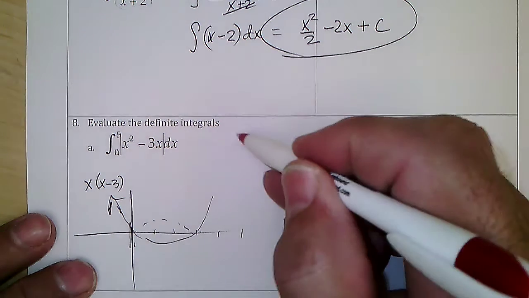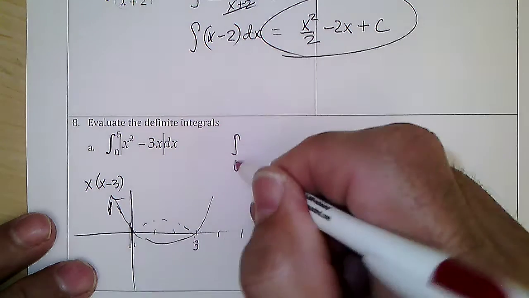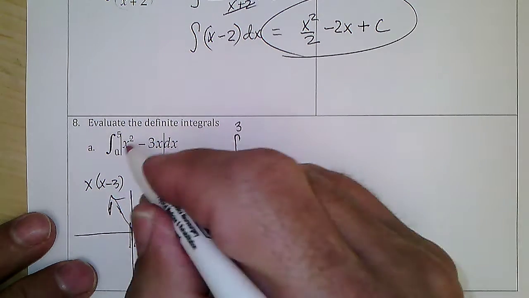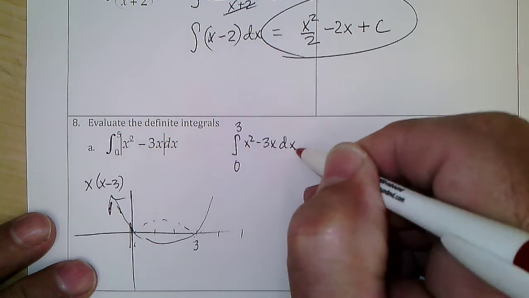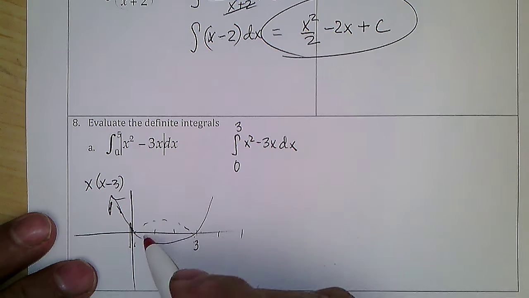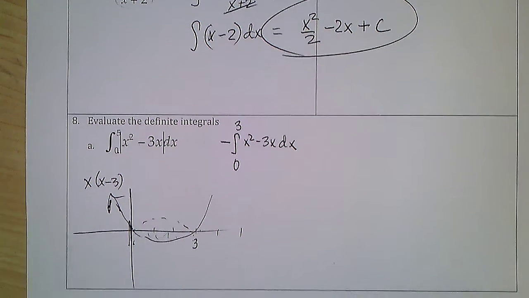So we'd have the integral from 0 to 3 of x squared minus 3x dx. And that would give us a negative area, and so we'd have to change the sign of that to make it the positive area.